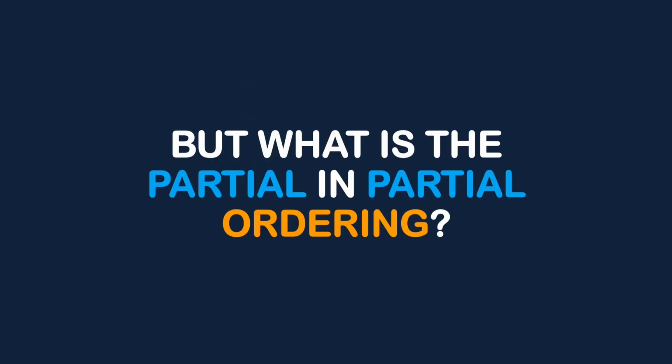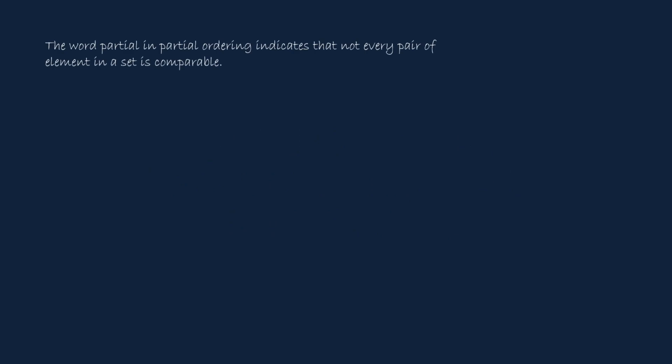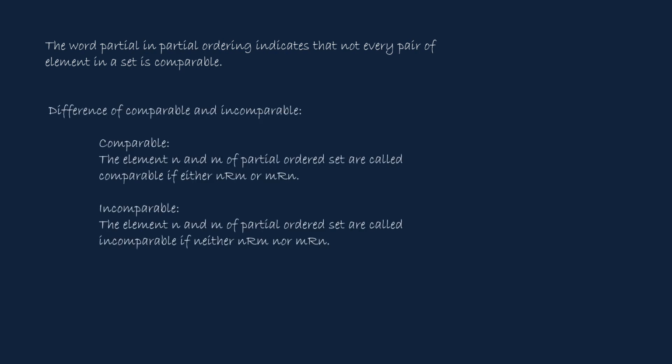But what is the partial in partial ordering? The word partial in partial ordering indicates that not every pair of elements in a set is comparable. To differentiate comparable and incomparable: the elements n and m of a partially ordered set are called comparable if either n is related to m or m is related to n.